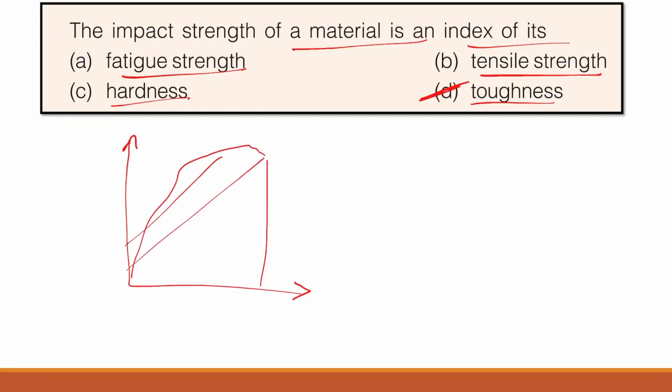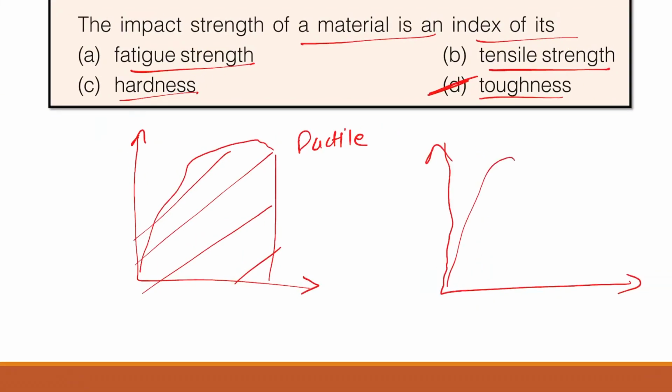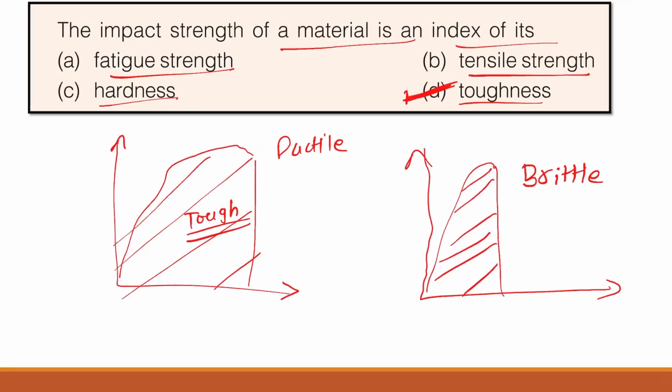And for brittle material, this graph, right? This is for brittle material. So toughness basically decides the impact strength, right?